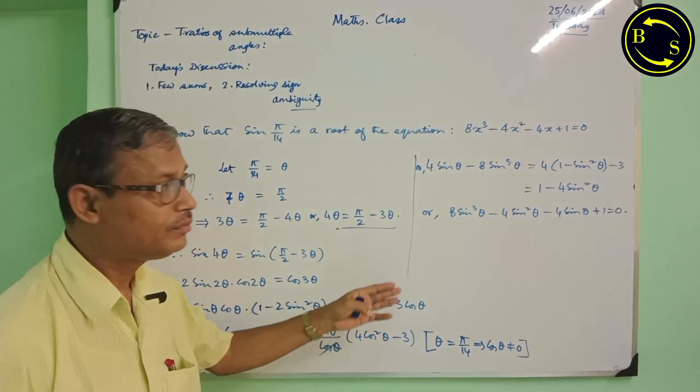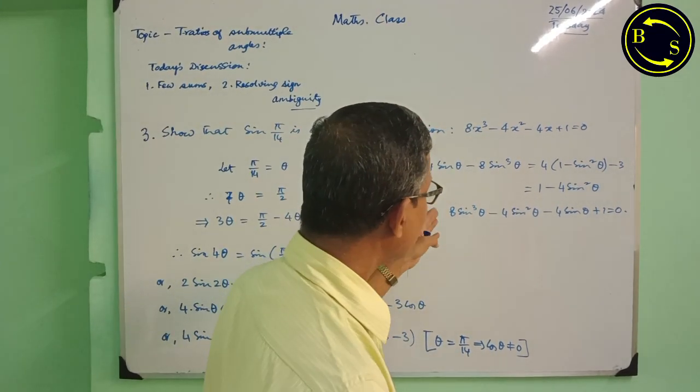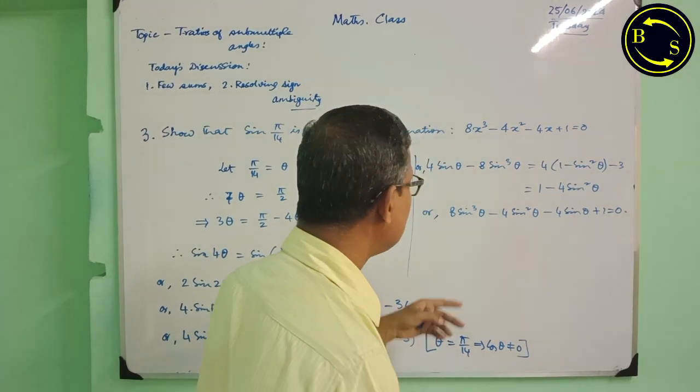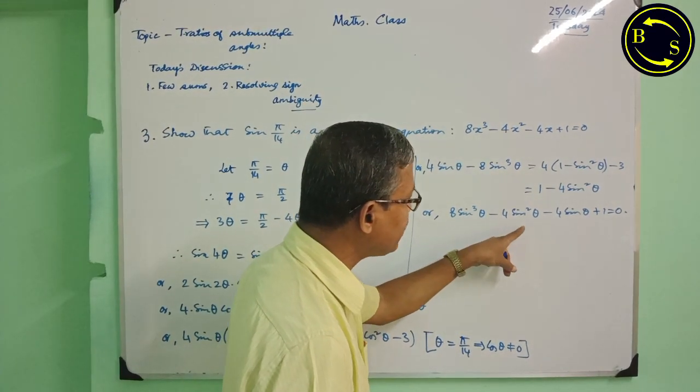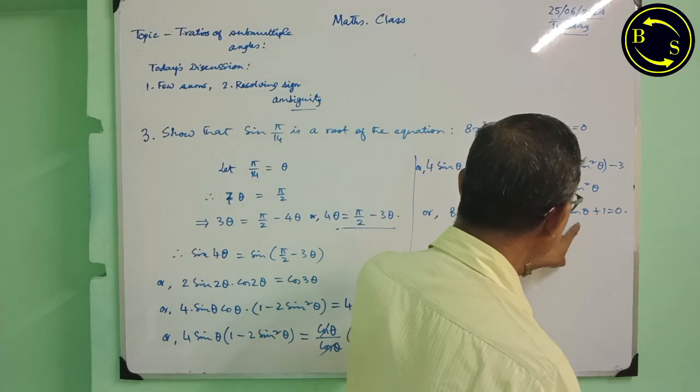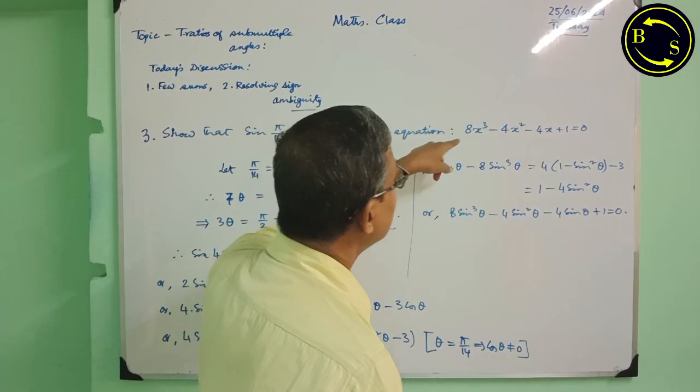I have arranged, see, taking on the same side 8 sine cube theta, 4 sine square theta minus 4 sine theta plus 1 equal to 0.